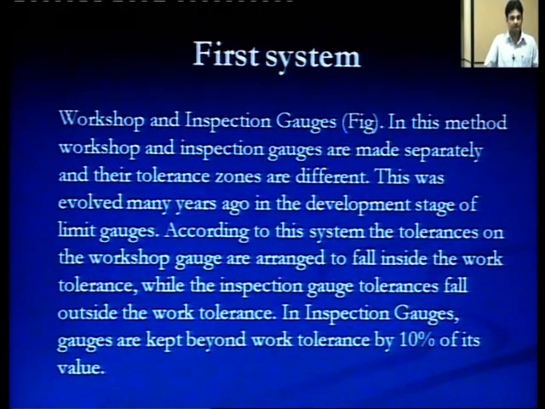According to this system, the tolerance on the workshop gauges is arranged to fall inside the work tolerance which we have specified, below that work tolerance, while the inspection gauge tolerances fall outside the work tolerance, means they are at a higher limit of the work tolerance.